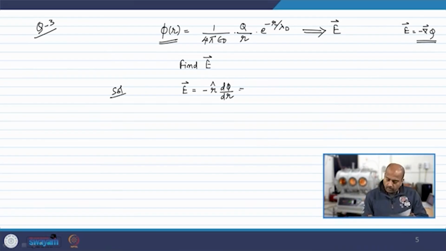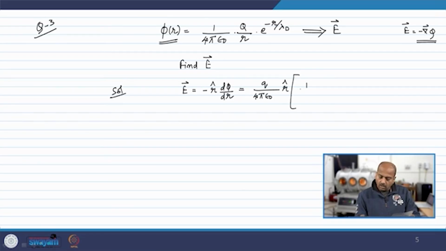So, we can write it using all of this potential inside the bracket. So, we can bring out q by 4 pi epsilon naught r cap times, when we apply differentiation on 1 by r into e to the power of minus r by lambda d. So, it is d by dr of 1 by r e to the power of minus r by lambda d.